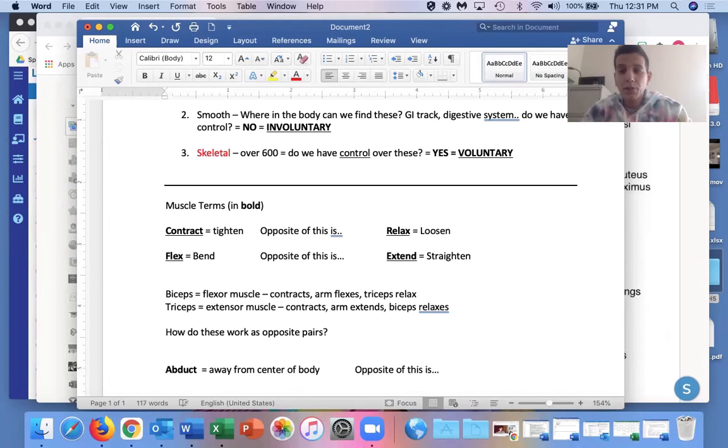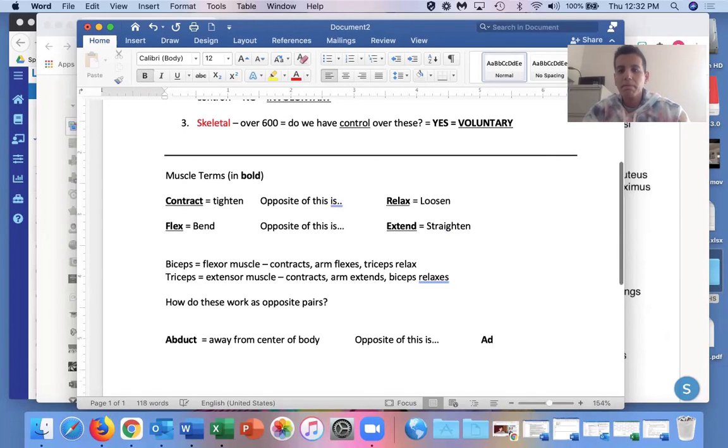So based on the muscles that you already learned, what do you think the opposite of the term abduct is? Think about the muscles. Look at the notes from when we learned the skeletal muscle. It starts with an A. Adduct.